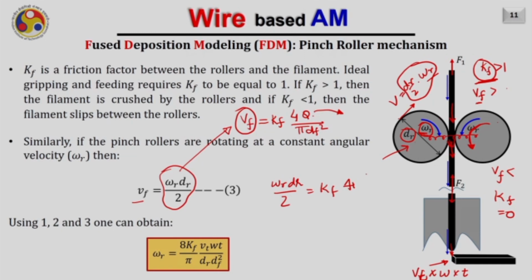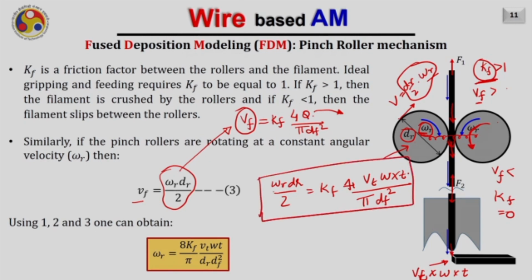So I am writing here Vt into W into T divided by pi df square. Now from this equation I can easily find out the required omega r, that is the angular velocity of the rollers, and hence omega r will be equal to 8 Kf Vt W T divided by pi dr df square.